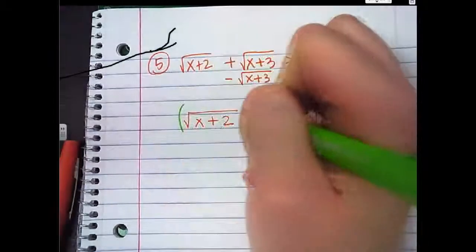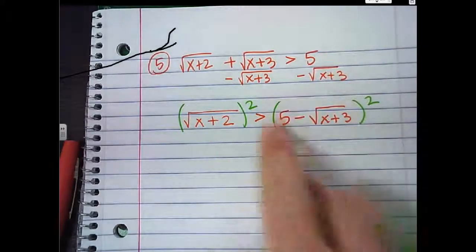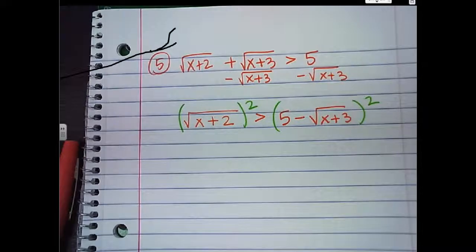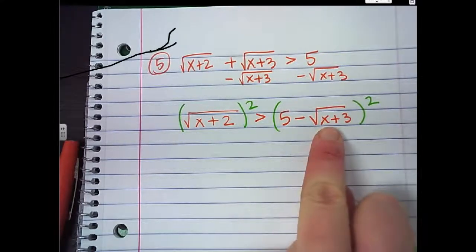So now square both sides. I'm going to let you square this side and see how you get. Try the shortcut or FOIL it, whichever one you prefer. But don't just do 25 and the square root x plus 3. There's more to it than that.